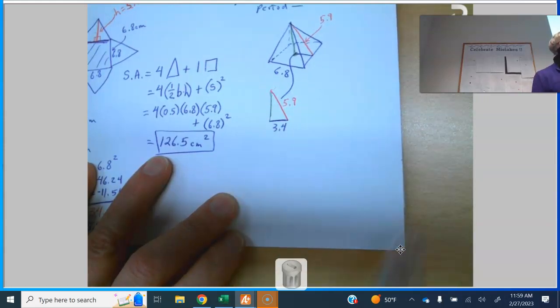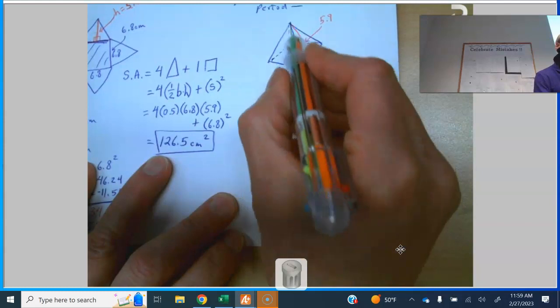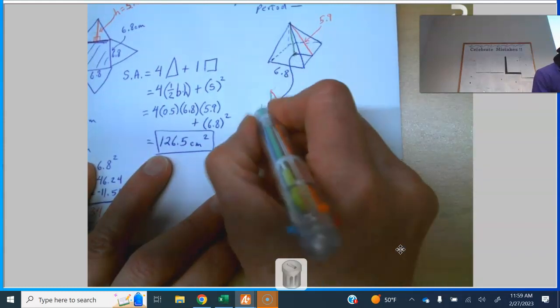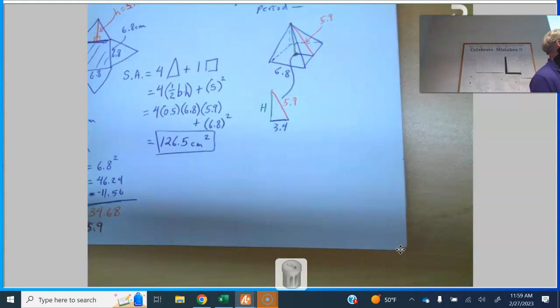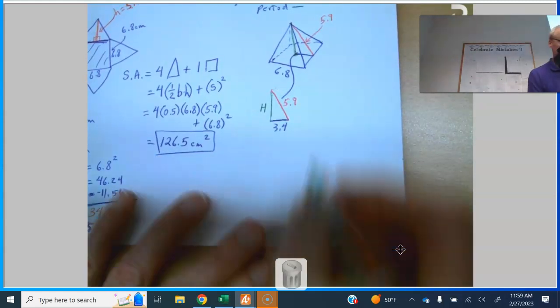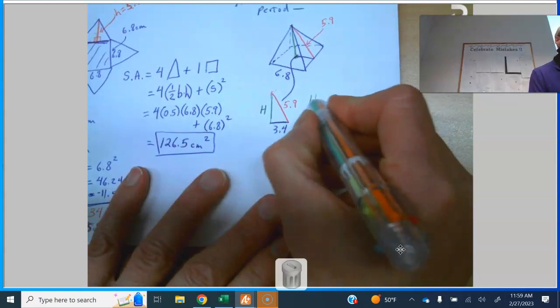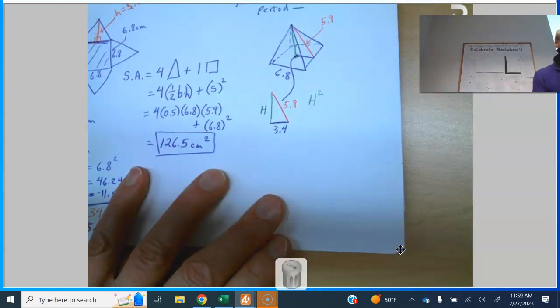And what we're missing is the height, this green part right here in the pyramid. And again, use Pythagorean theorem to find it. So set it up. It's going to be h squared. I'll color code it.